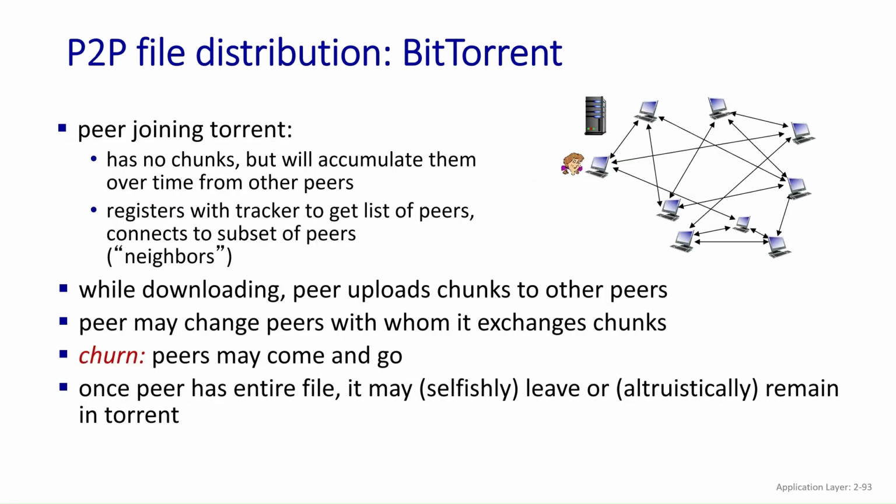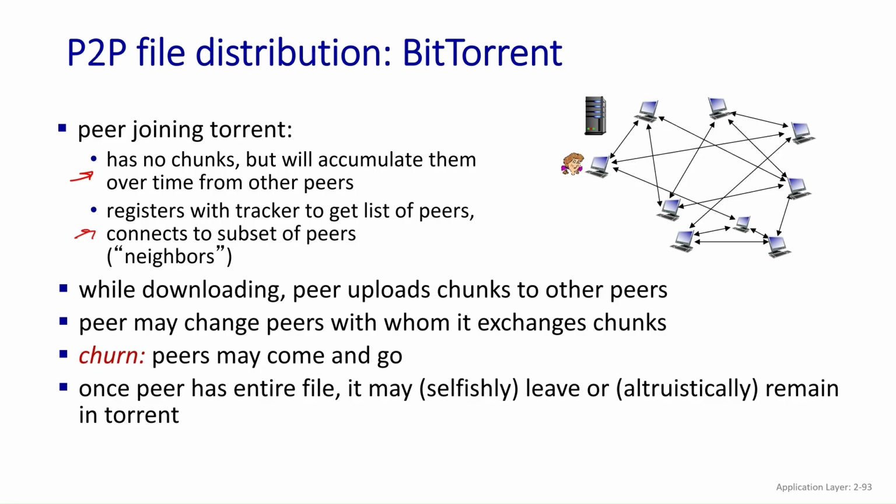Okay, so in the beginning, when Alice joins the torrent, she has no chunks to offer. But she will accumulate chunks over a period of time from the other peers, and will also start participating in this file sharing process, and will get registered with the tracker, right?